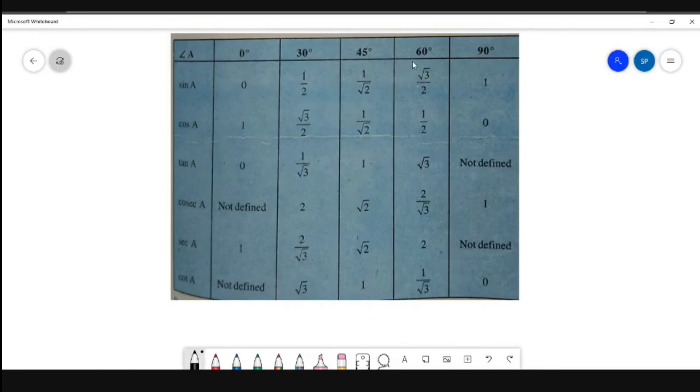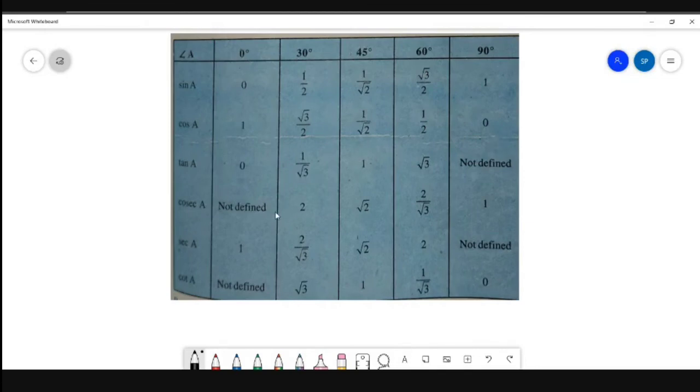And tan 60 is sin 60 by cos 60, that is root 3 by 2 by 1 by 2, that is root 3. Again, sin 90 by cos 90 is tan 90. 1 by 0 is not defined.